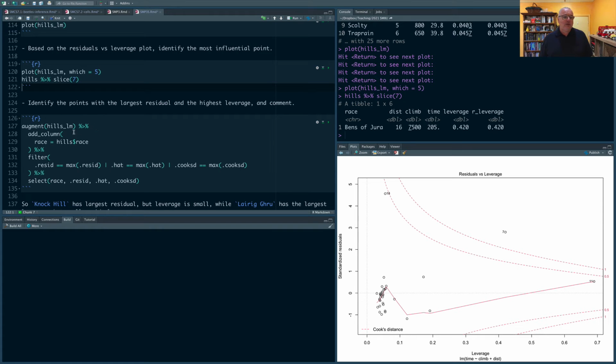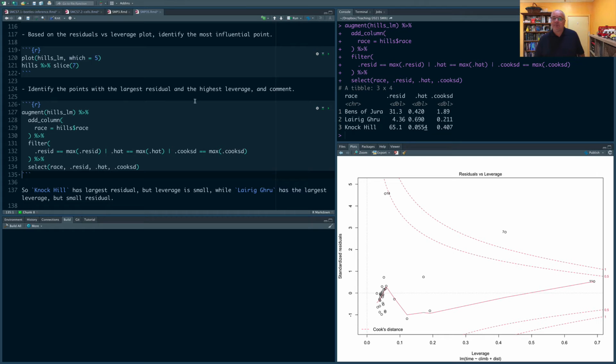What we're going to do is find the ones that have the maximum of the residuals, the maximum of the leverage, and also the maximum of the Cook's distance, and we're going to compare them. If you look here, first of all, the maximum of the residuals is Knock Hill. That has a huge residual.